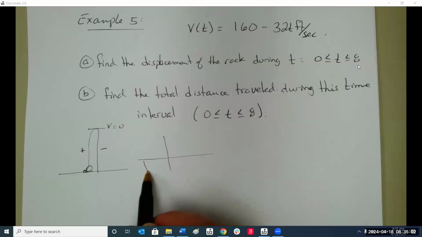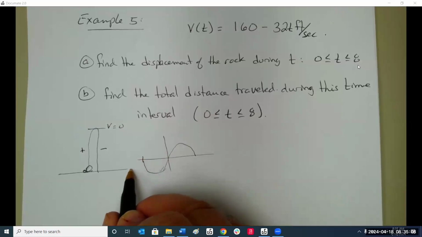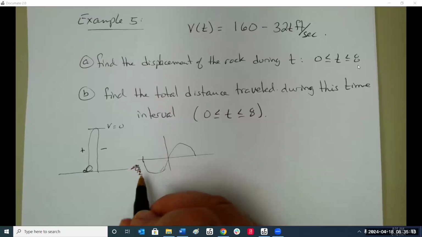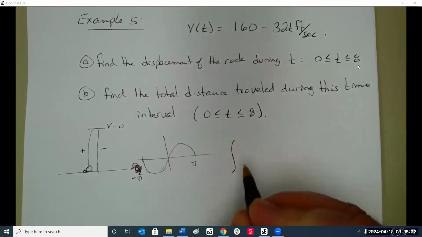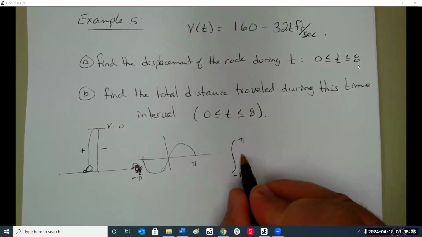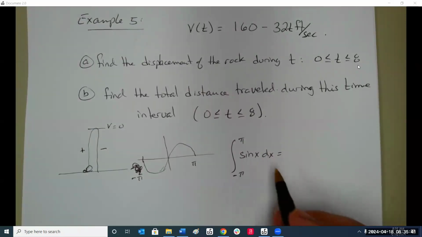The same thing can happen as when we had the sine function, from negative pi to pi. If we took the area of this function from negative pi to pi, what's going to happen? Yeah, let's look at this. From negative pi to pi of the sine function. So what's the integral of sine?